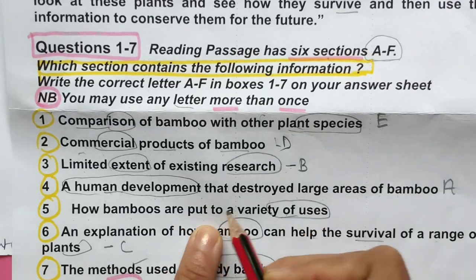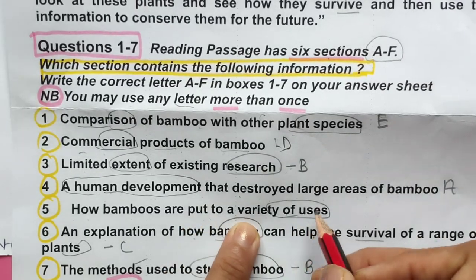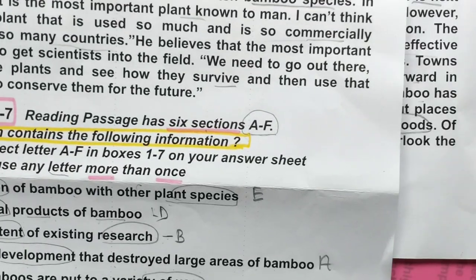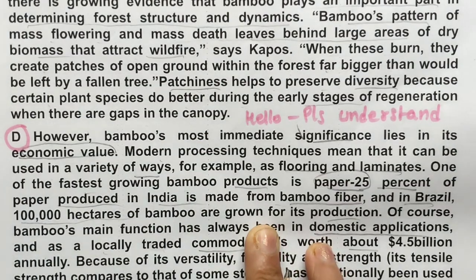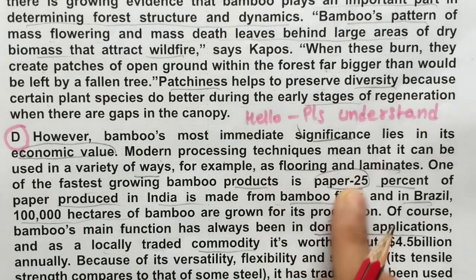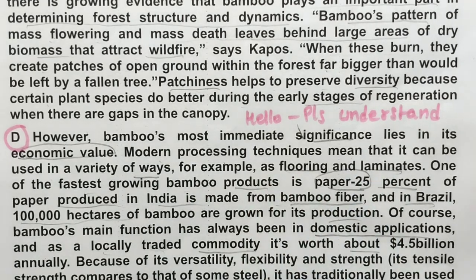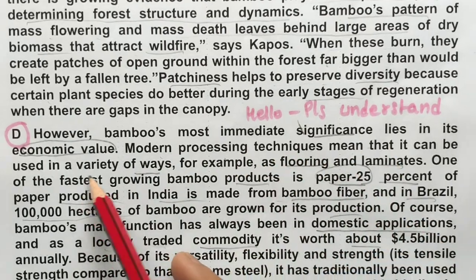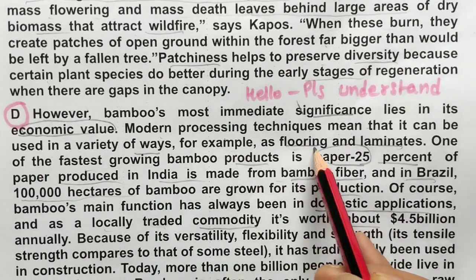So we know where they were talking about variety of uses. I think we have missed this point. Here in D only, they were talking about uses, flooring, laminates, and here also modern processing technique. It can be used in a variety of ways, for example, flooring and laminates.